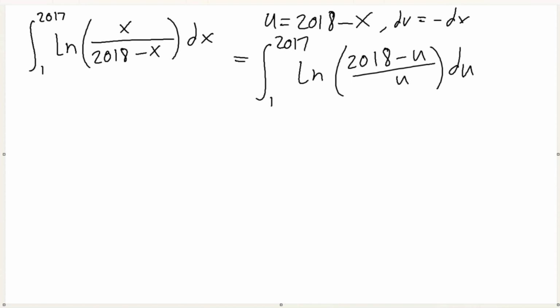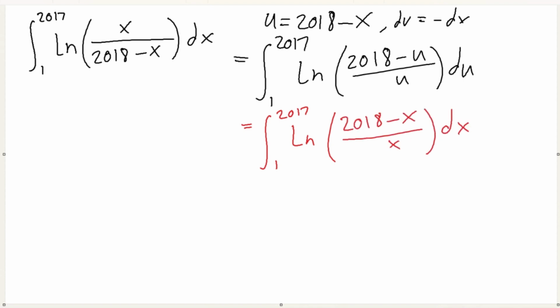So of course, this is equal to the integral from 1 to 2017 of ln of 2018 minus x over x dx. And so now if I'm going to let this integral equal to I, then this is also equal to I, because they're both the same integral, right? They equal the same value.